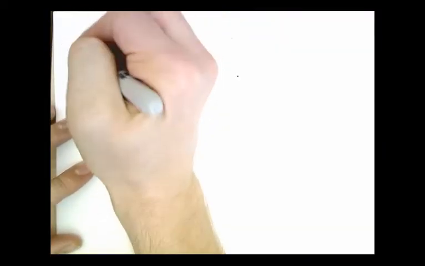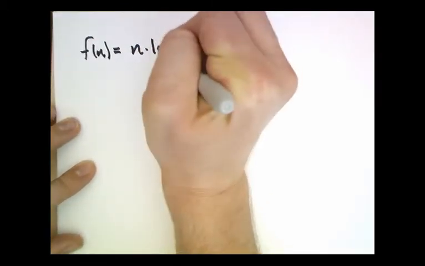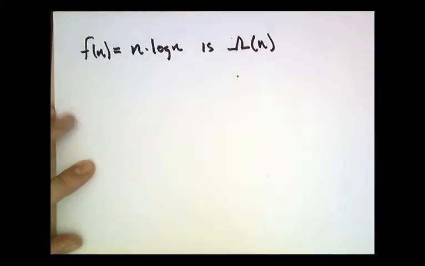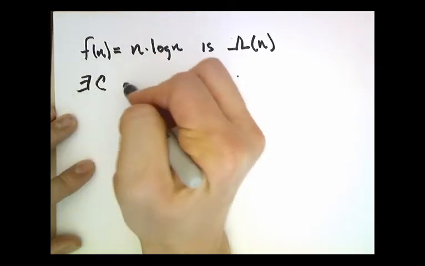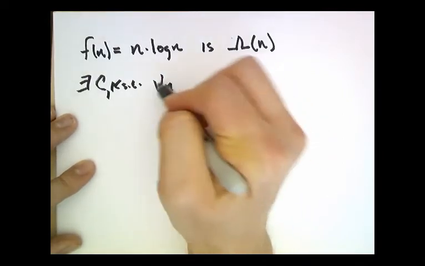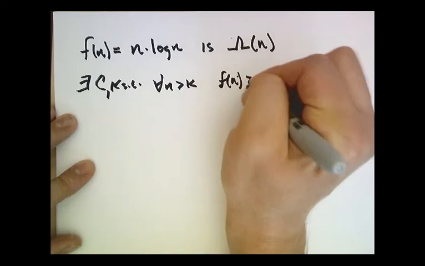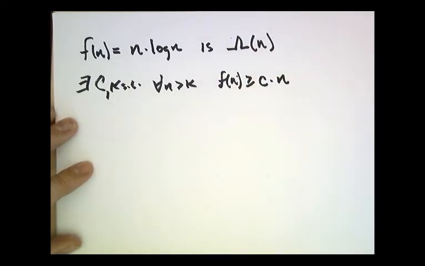Let's prove that f of n equals n times log n is big omega of n. Okay, so we need to show that there exists a constant c and k such that for all n greater than k, f of n is greater than or equal to that constant times n.